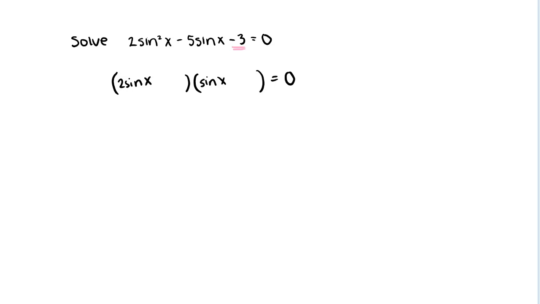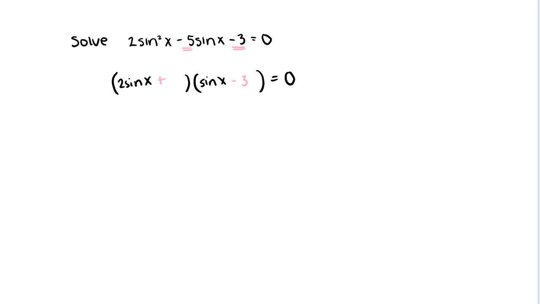But because this middle term is negative, I'm going to expect a larger negative result from multiplying these constant terms with our sine terms when I expand this back out. So I'm going to put a minus 3 here because I know minus 3 times 2 times sine of x, well, that would be a larger negative amount of sine of x.